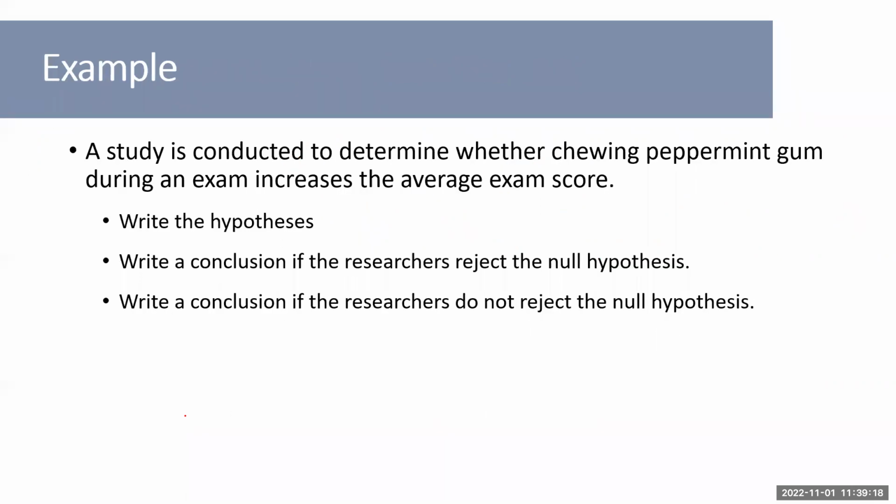Okay, so let's talk about an example. A study is conducted to determine whether chewing peppermint gum during an exam increases the average exam score, okay? So in our hypotheses here, we're going to say that our null hypothesis is that it doesn't change anything, okay?